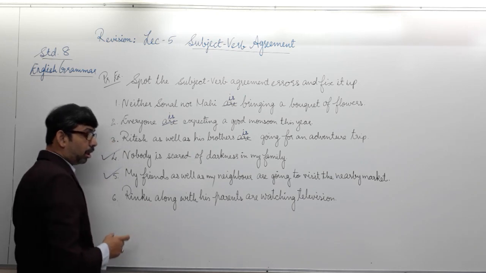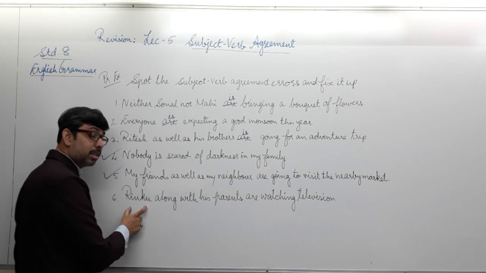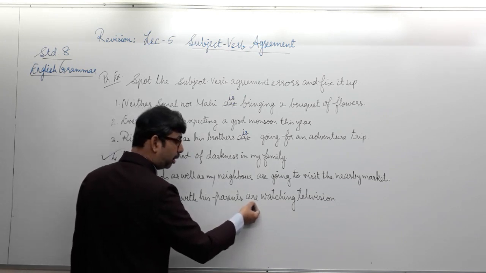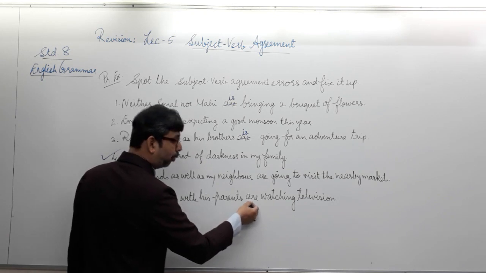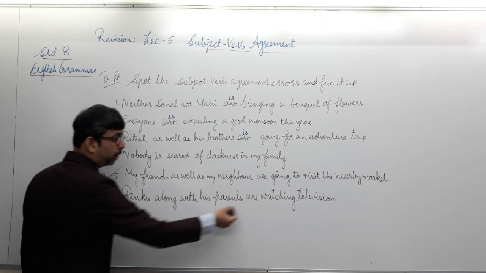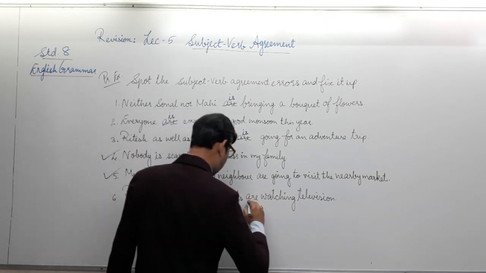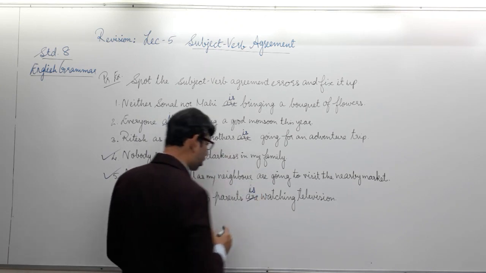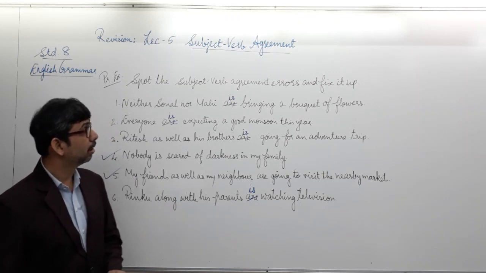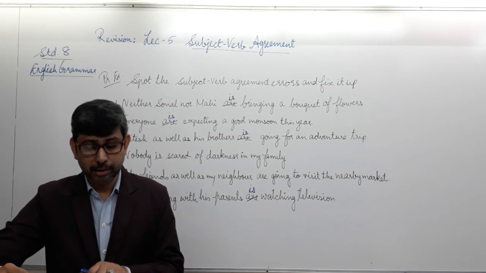We use the first noun in the sentence, Rinku, which is a singular noun, so the verb should agree with the first noun. It should be singular and not plural. Therefore I will strike out the word "are" and write "is" in its place. In this manner we have corrected the errors and fixed the sentences.